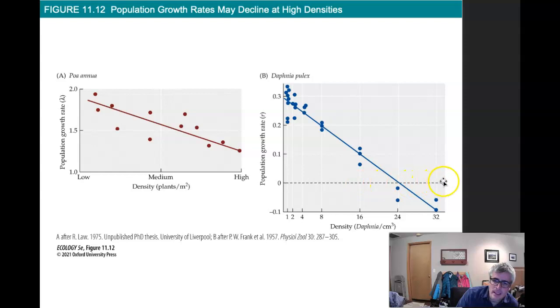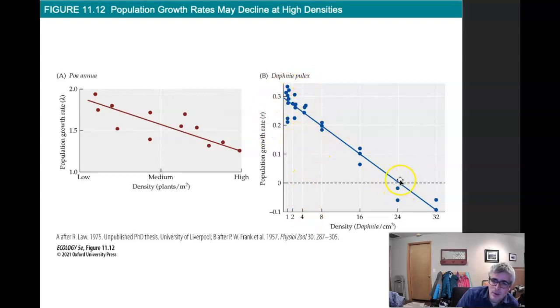Okay, so here's the density. 0 is maintaining population. This is R here, the intrinsic growth rate. Negatives are declining populations. 0 is maintaining, and greater than 0 is increasing population. Here's a log scale. So the density of Daphnia at low numbers, 1 to 4, you have a high growth rate.